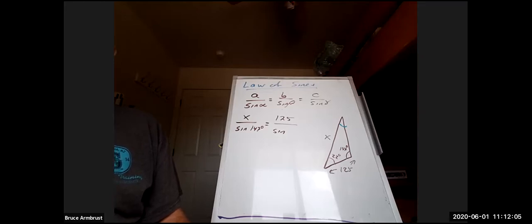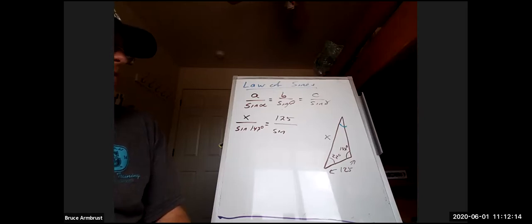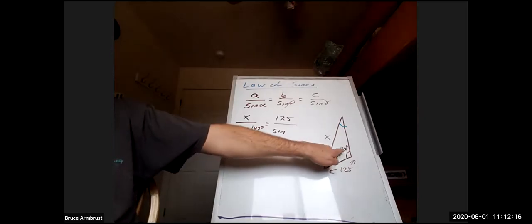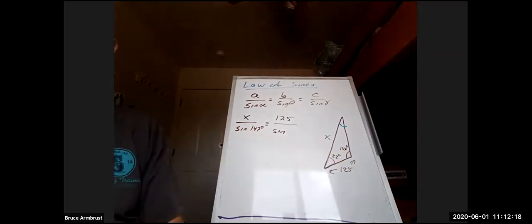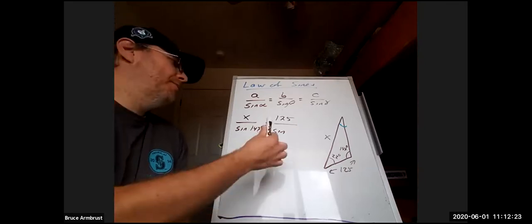All right, so Era's just said 180 minus... I like that. Yeah, we know that the total sum of all the angles is 180 degrees. So we can take the 180 minus 147 and minus 22. And I believe that that leaves us 11 degrees.